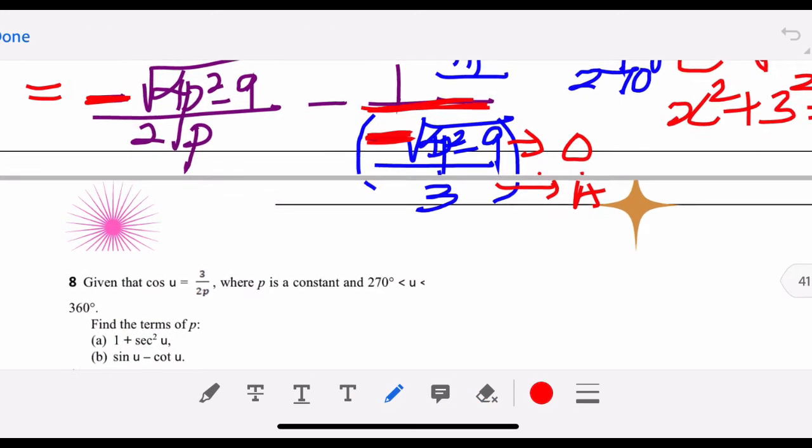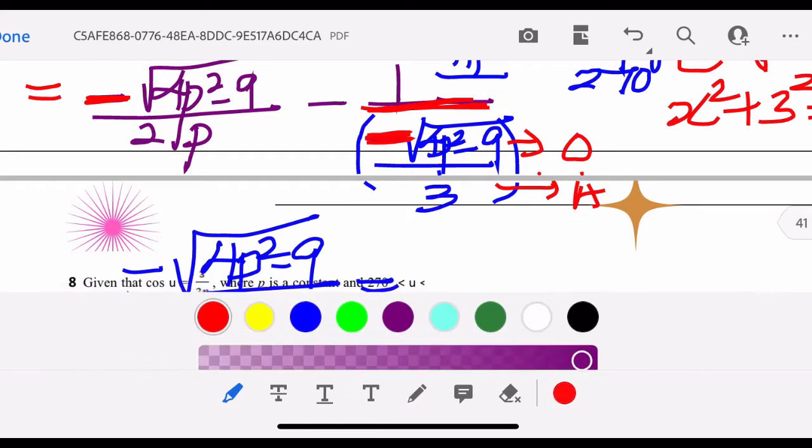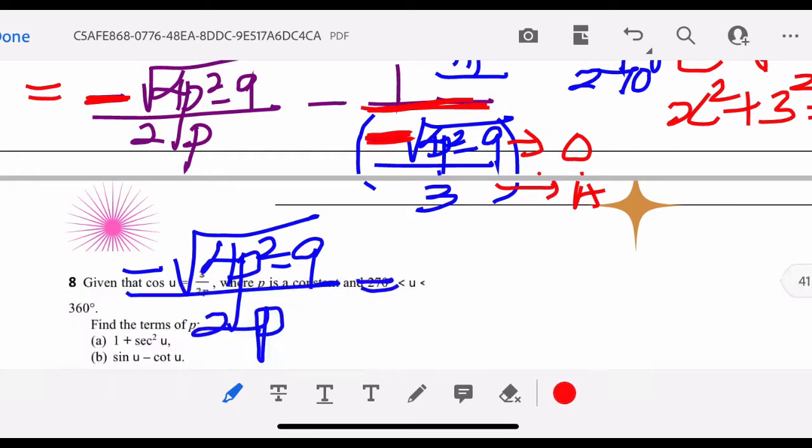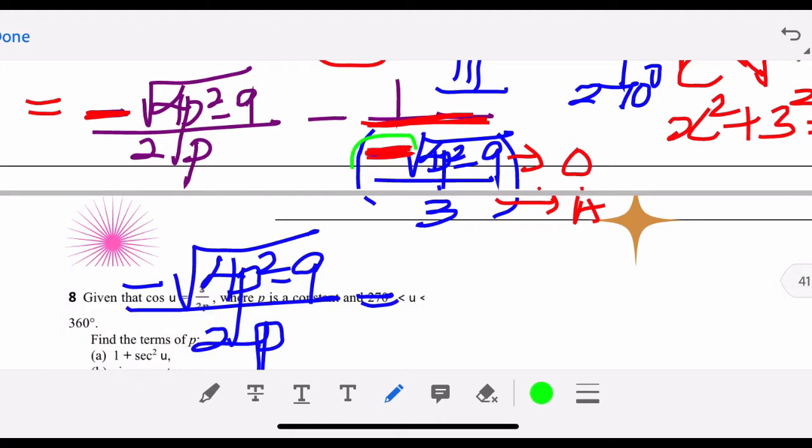So let me simplify. This one looks very complicated. You must simplify so that you will be awarded full marks. So minus square root of 4p squared minus 9 over 2p. Now when you see two negatives, quickly you turn them to positive. So negative and negative become positive, and you must write positive.